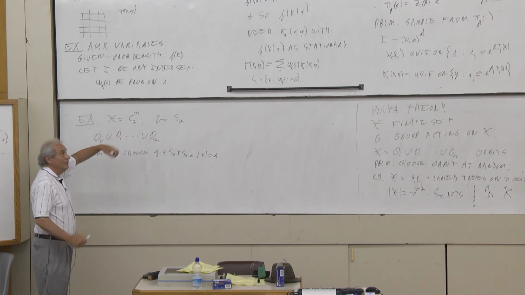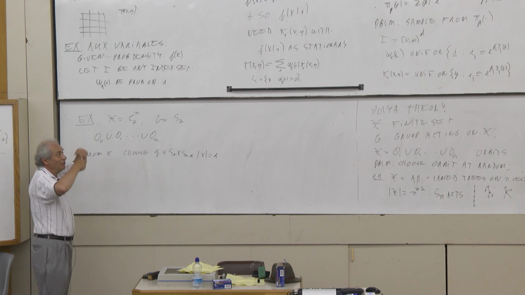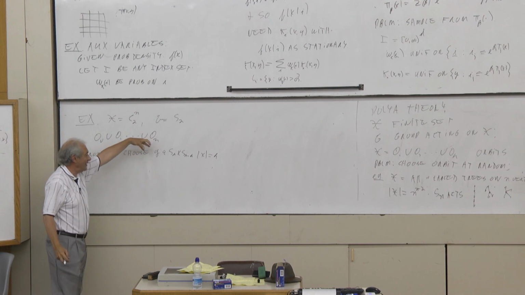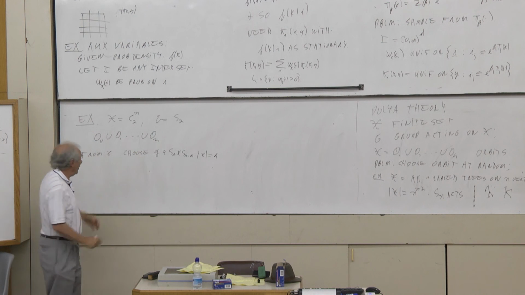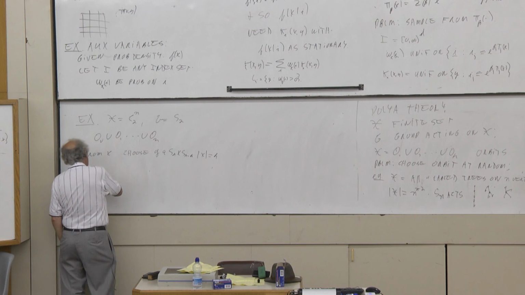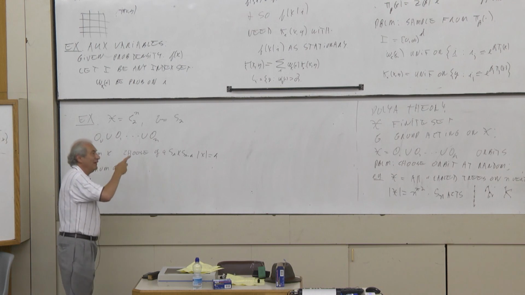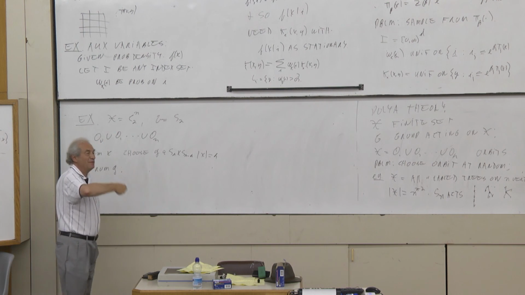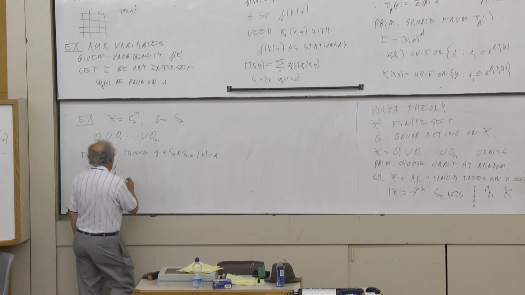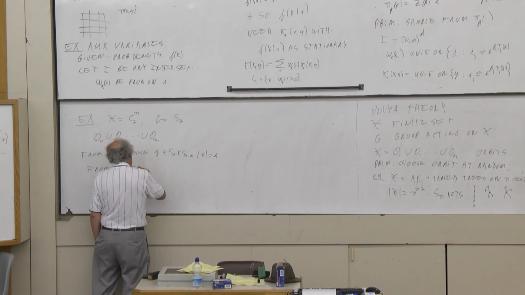And now, how do I choose something which is fixed by a group element? Well, from G, if G fixes it, G squared fixes it, G cubed, it has to be constant on the cycles of the permutation. From G, factor into cycles.